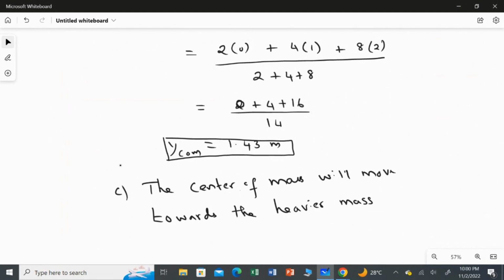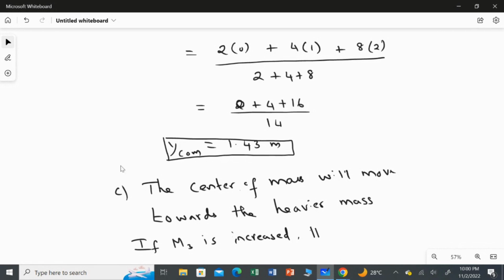So if M3 is increased, the center of mass will move towards M3.